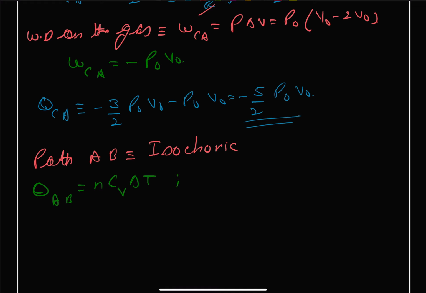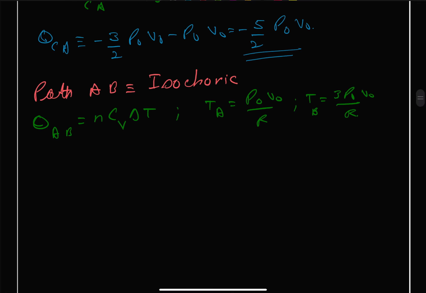We can easily find out delta of T. For point A, TA will be equal to P naught V naught upon R, and TB will be equal to 3 P naught V naught upon R. Therefore, delta T will be equal to TB minus TA.